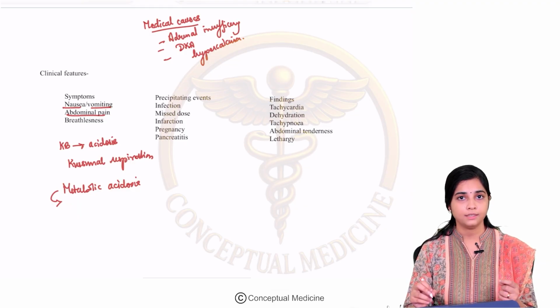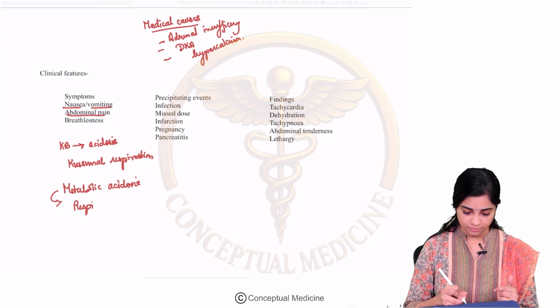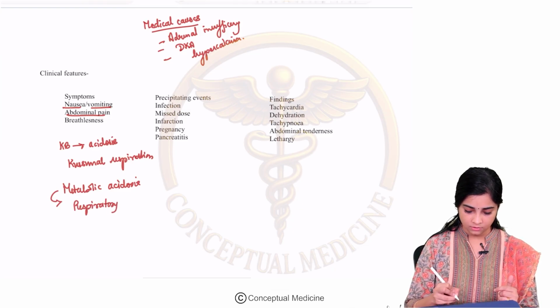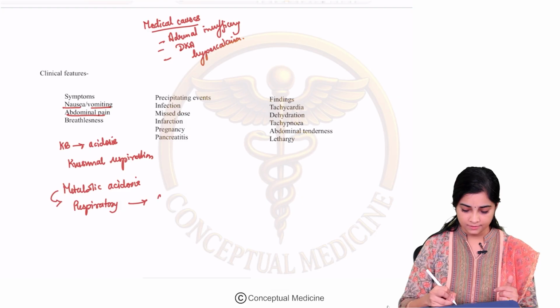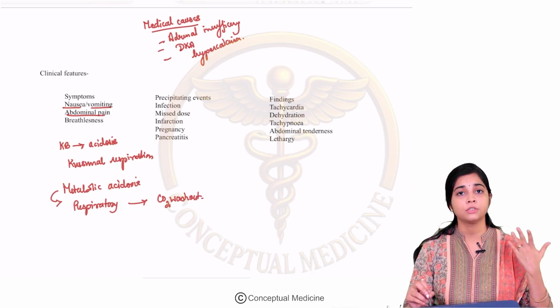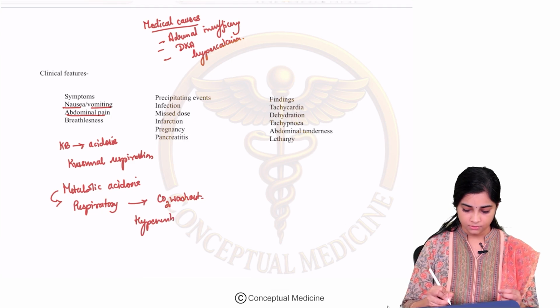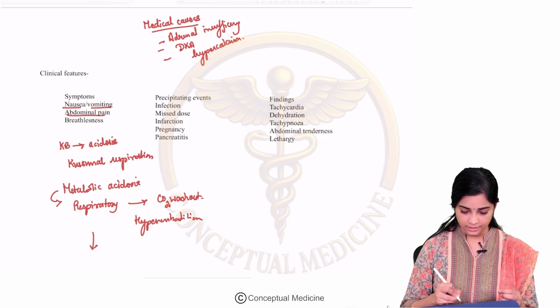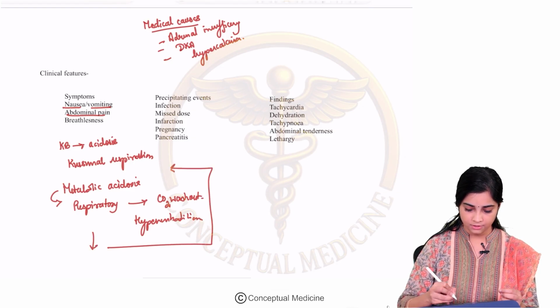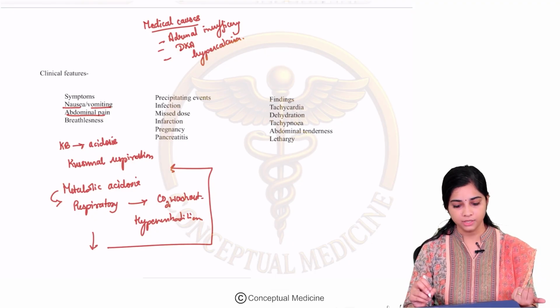You will understand that whenever there is metabolic acidosis, the respiratory compensation is by CO2 washout. We try to wash out the CO2 from the body because CO2 is also acidic. So you want to remove CO2 from the body by hyperventilation. This hyperventilation results in what we call Kussmaul's respiration, or an increased rate of breathing as a compensation for the metabolic acidosis.